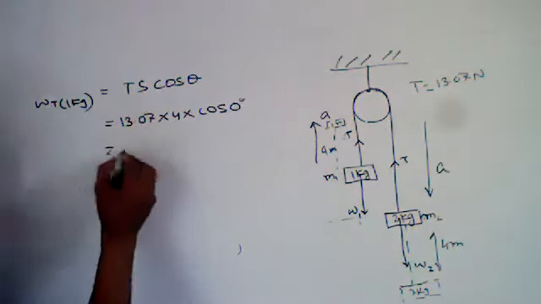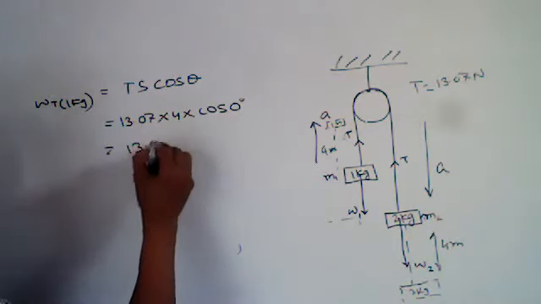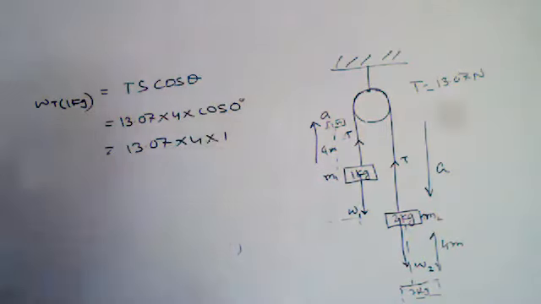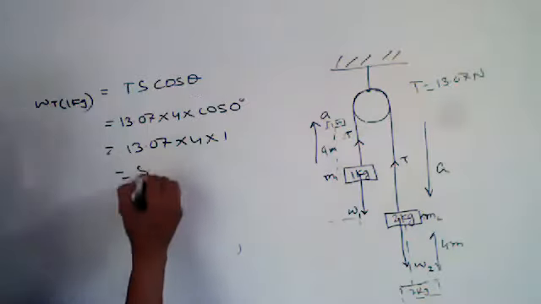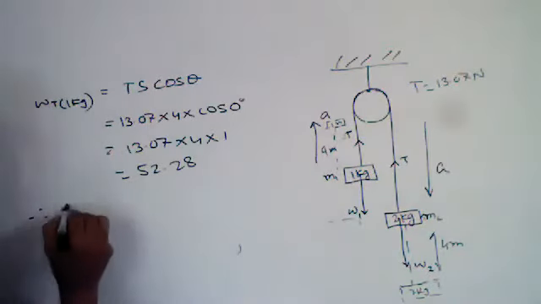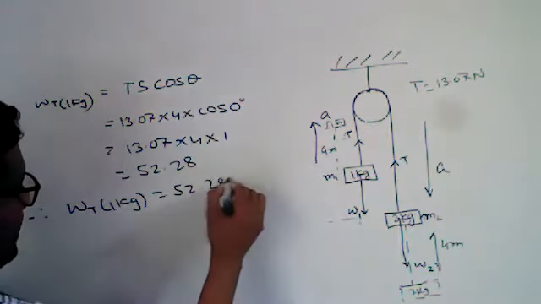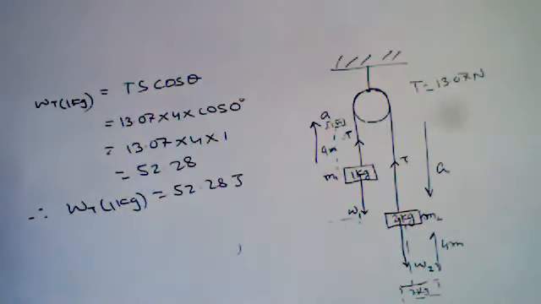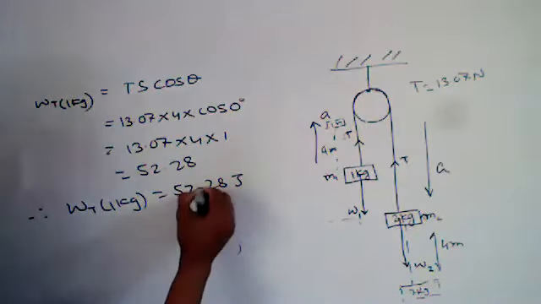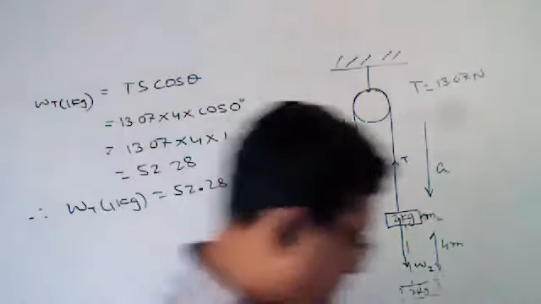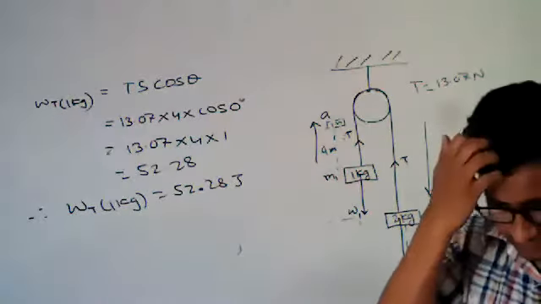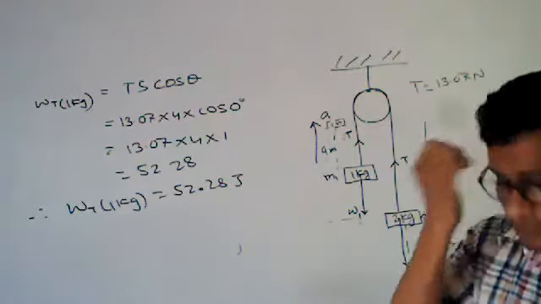So we can write 13.07 into 4 into 1, which is 52.28. So work done by tension force on 1 kg will be 52.28 joule. Understand? Yes or no? Yes, sir.